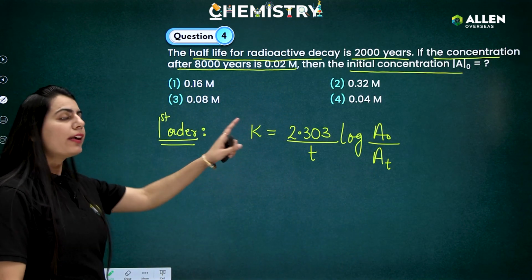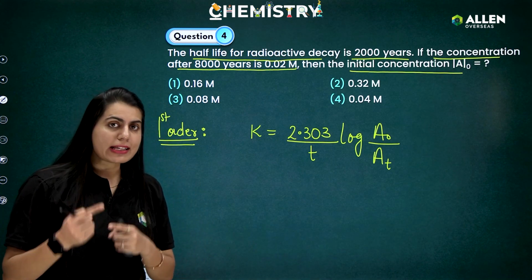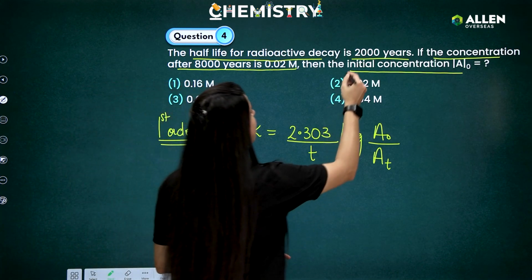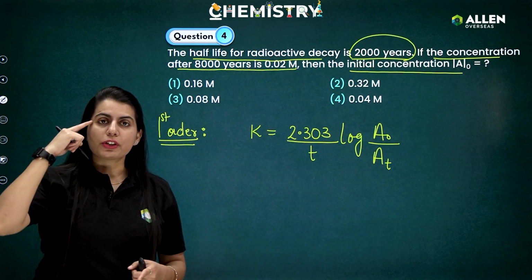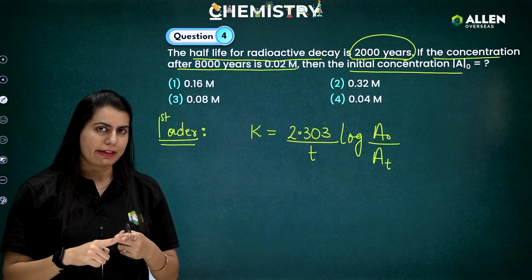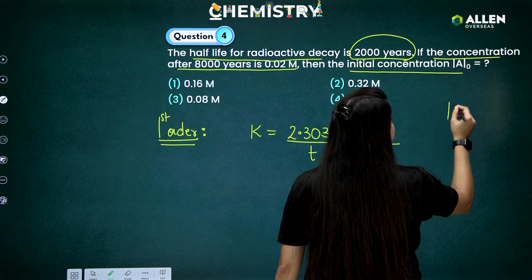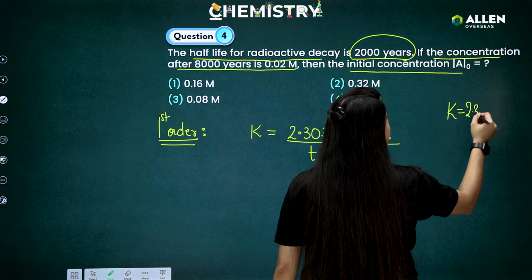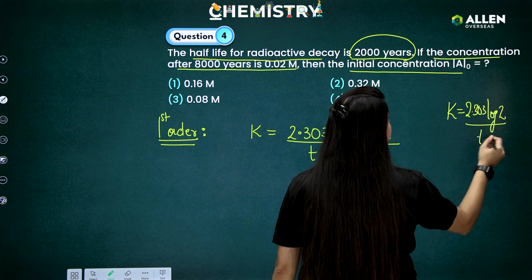Now, they have not given us the rate constant, everybody. So they are giving us a hint that you need to make use of the half-life which is provided here. There again, it should click in your mind that for first order, K can be written as 2.303 log 2 divided by T half.